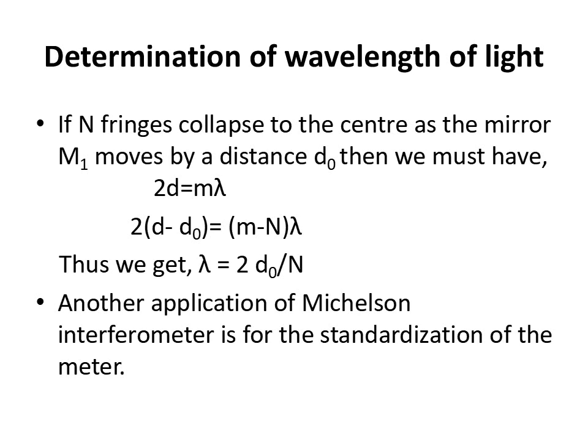On solving these two equations, we get lambda equal to 2d0 by n. So by this equation we can find the wavelength of the source. Here we need to know only two values, d0 and n. d0 is the distance by which we moved the mirror M1, and n is the number of fringes which collapse to the center on moving that distance.